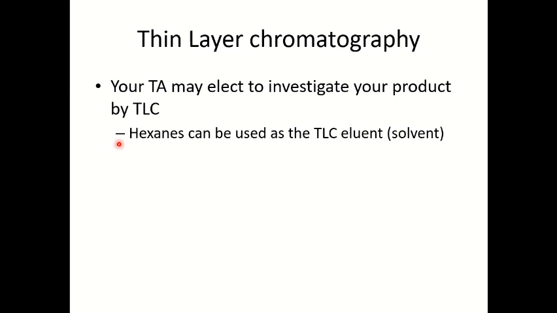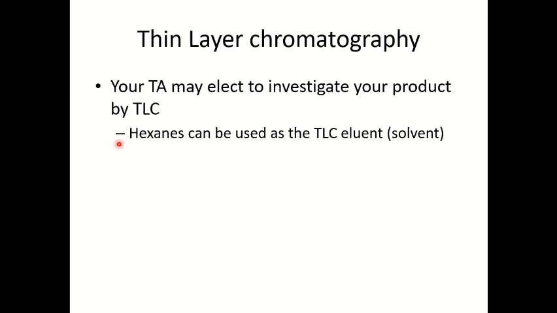If you have both starting material and product spot, two different spots, it means that the reaction was not 100% complete. And if you have more spots, it may be that you got more than one stereoisomer in the reaction.